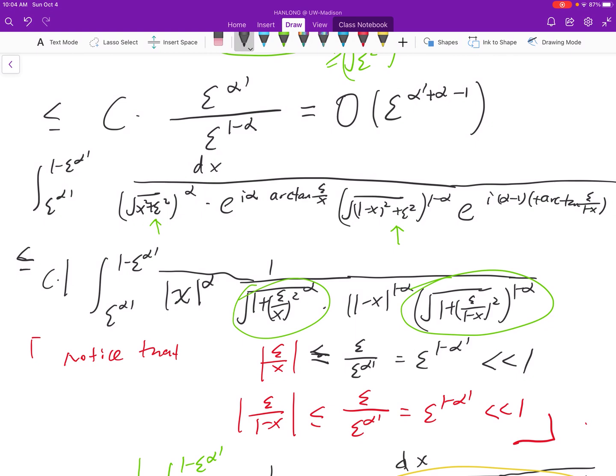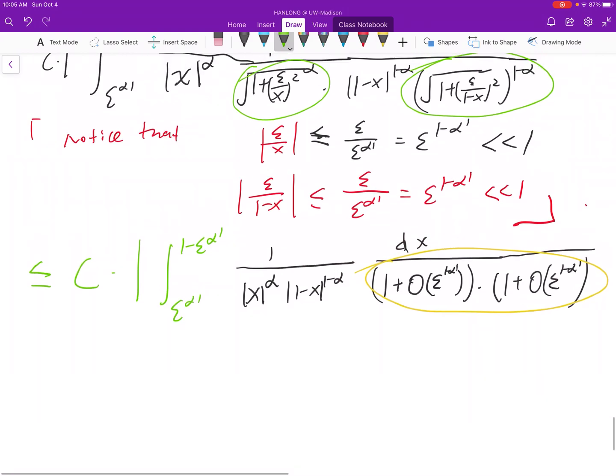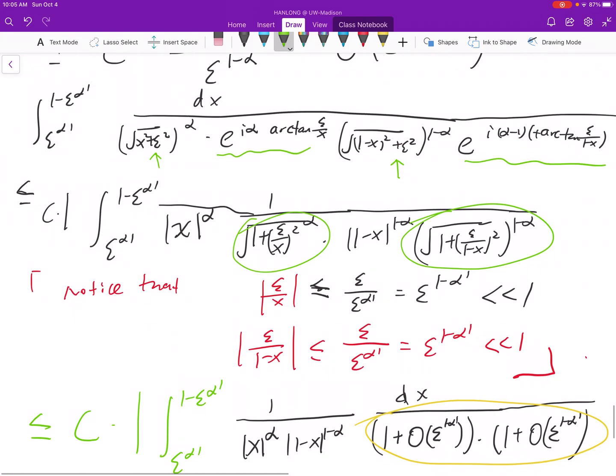For this part, because epsilon over x and epsilon over 1 minus x are small, we can also use Taylor expansion for the angle part. Therefore you have the angle part, exponential I alpha arctangent epsilon over x times exponential I (alpha minus 1) arctangent epsilon over 1 minus x.